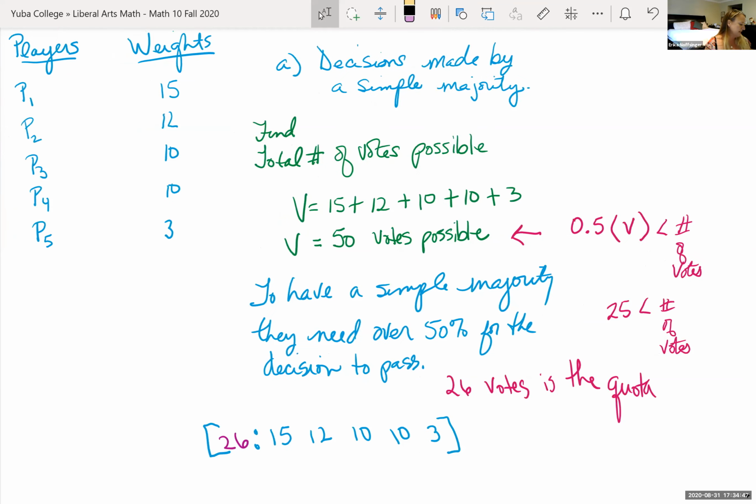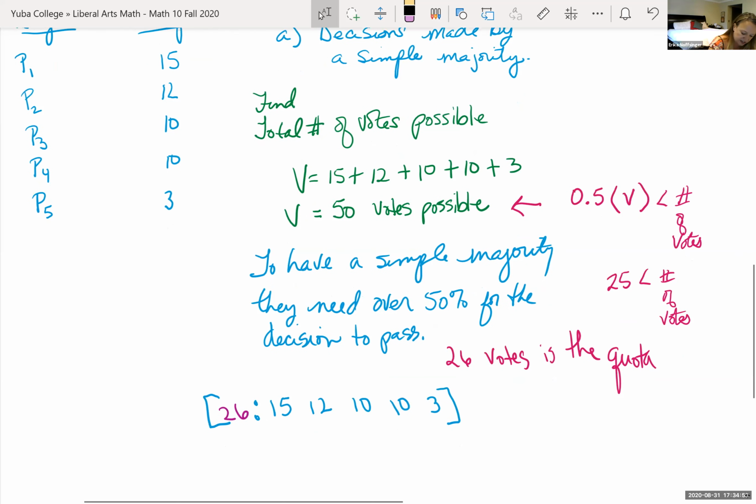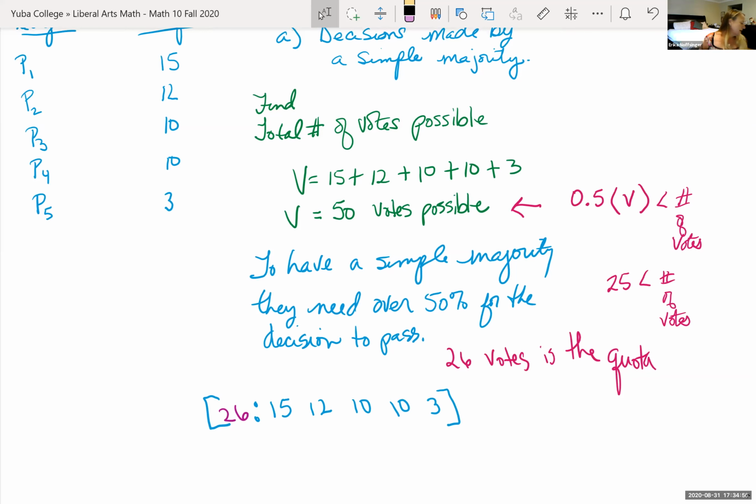Okay, so part B, decisions in the partnership requires 2/3 of the vote. So rewriting the standard notation of the voting system.